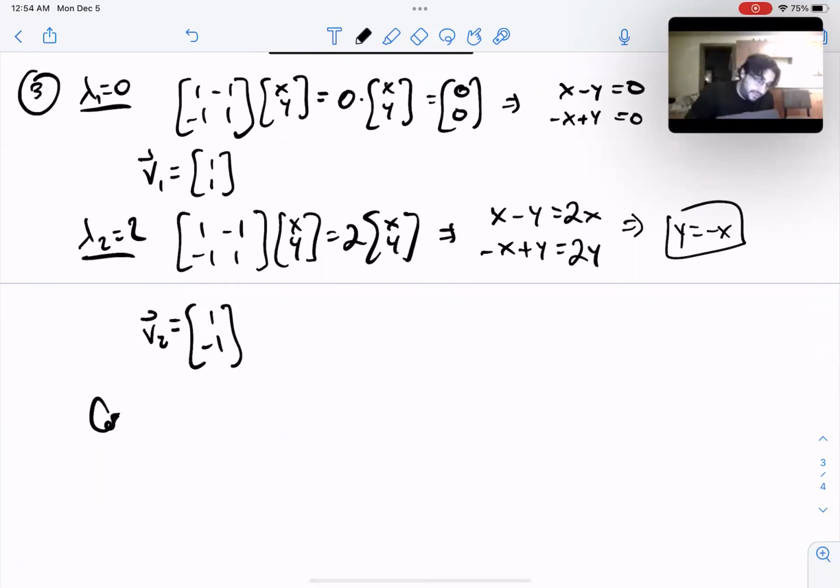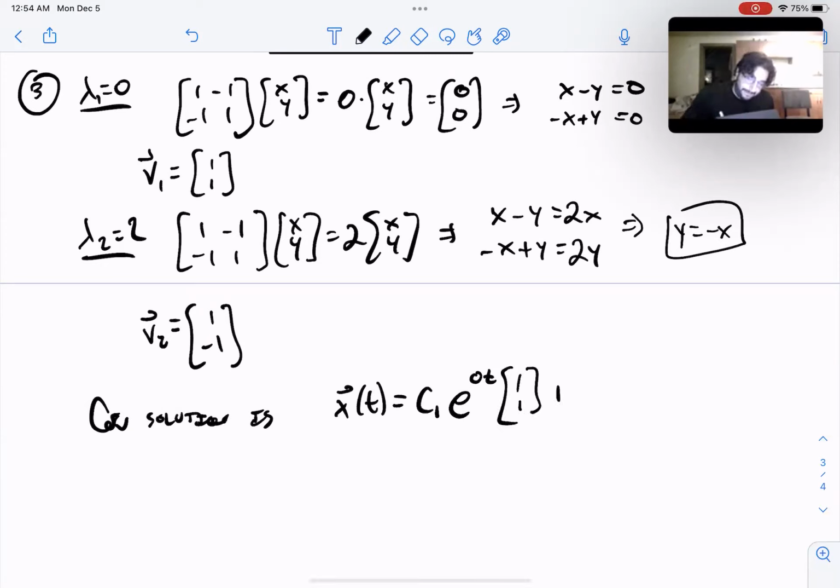So now I can say what the general solution to that system is, right? The general solution is going to be what? C1 e to the eigenvalue times the eigenvector plus C2 e to the eigenvalue times, again, the eigenvector, right?